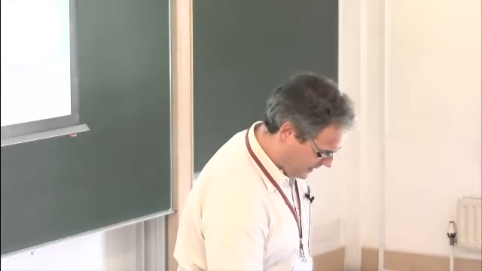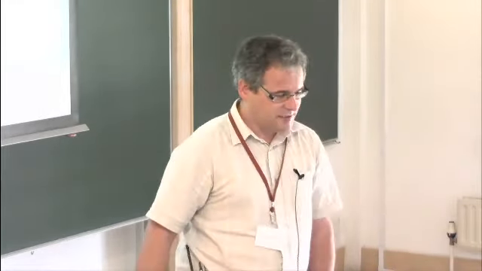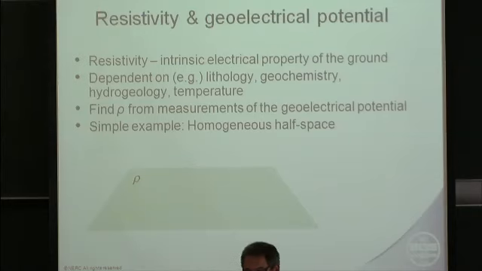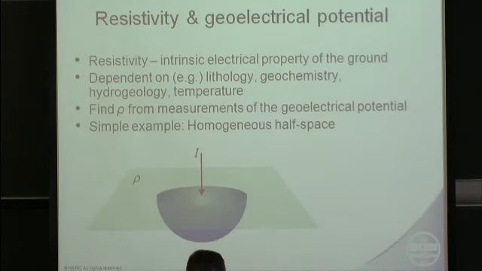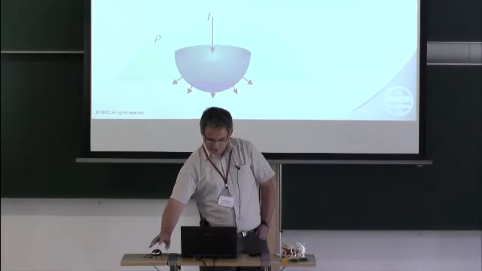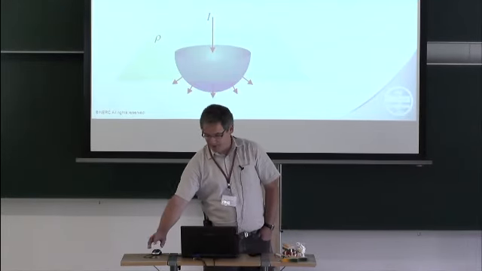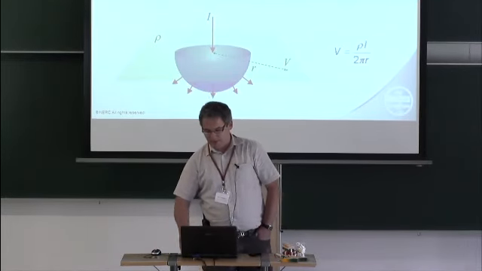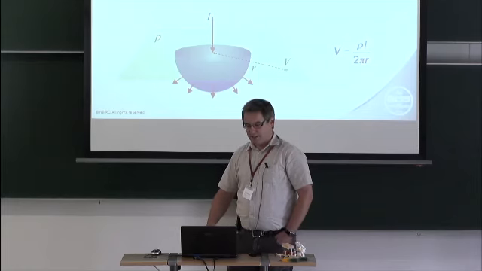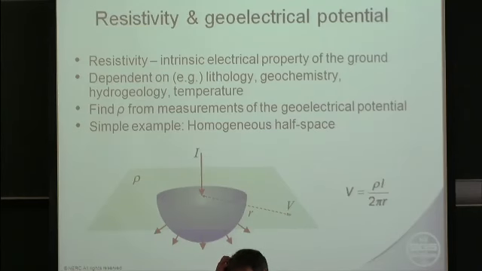Just to give you a very simple example of this, if we imagine a homogeneous half space, so we have air above the surface, we have a constant resistivity below the surface, and we inject a current into the ground at a point via an electrode, and the current will flow radially outwards from that point just by the symmetry of the problem. And if we take Ohm's law and integrate over that hemispherical shell, we can determine what the potential is at a given distance away from the injection point.